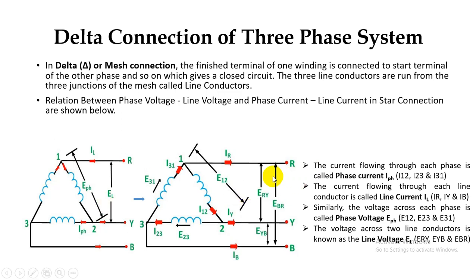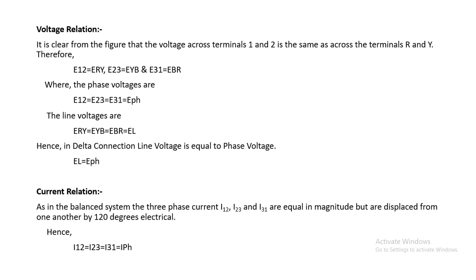Look very clearly: this is line, this is phase, this is the line current IR, this is the phase current I31. Clearly observe that voltage E12 is the phase voltage, voltage ERY is the line voltage. And we will see the relation among these.